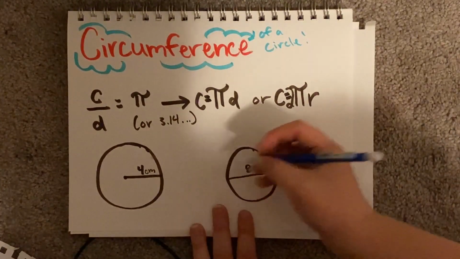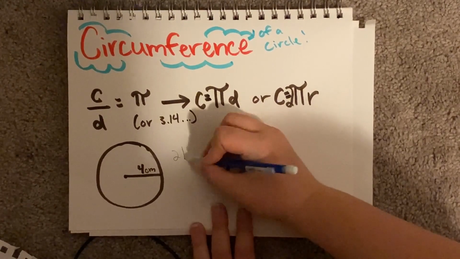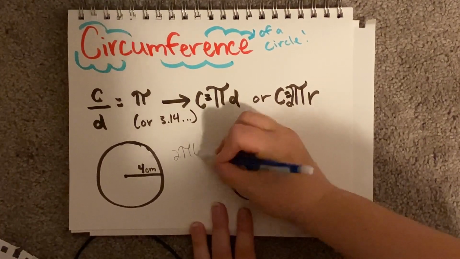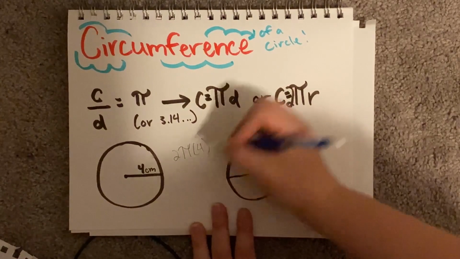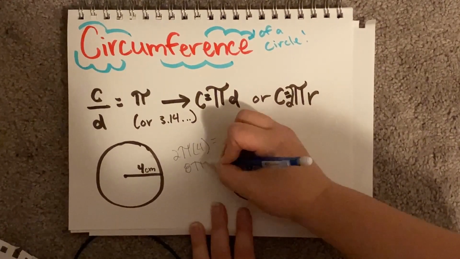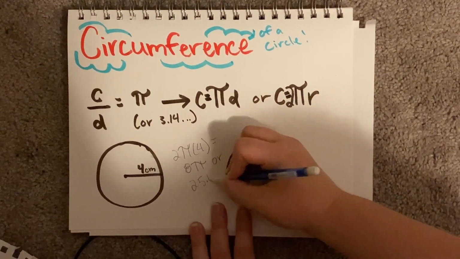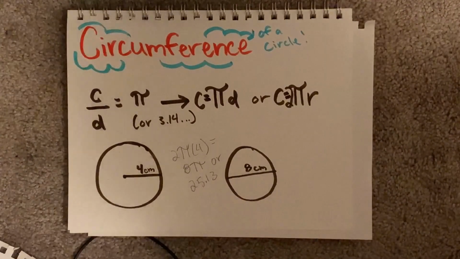And I'll work that out for you. It's going to be 2 times pi times 4 equals 8 pi, or if you use the decimal number, 25.13, rounded to 2 decimal places.